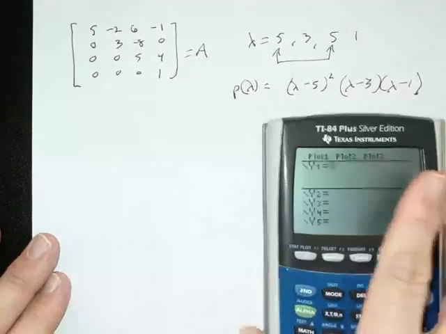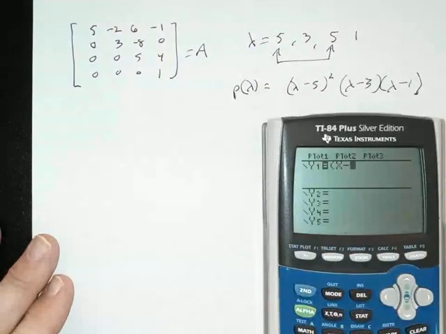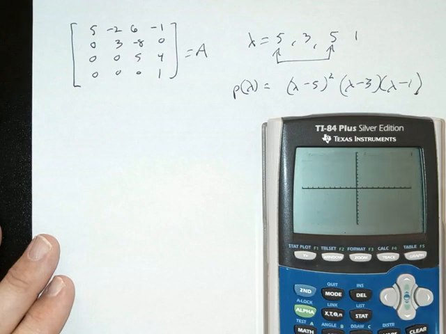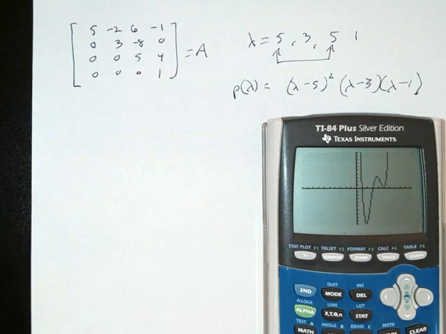Parentheses, x minus 5 squared, parentheses, x minus 3, parentheses, x minus 1. We cross the x-axis at 1 and 3, and we just touch it at 5.